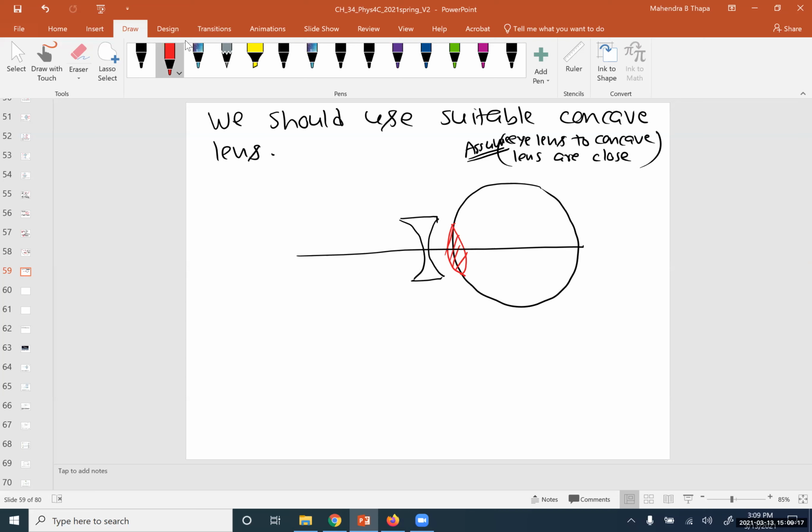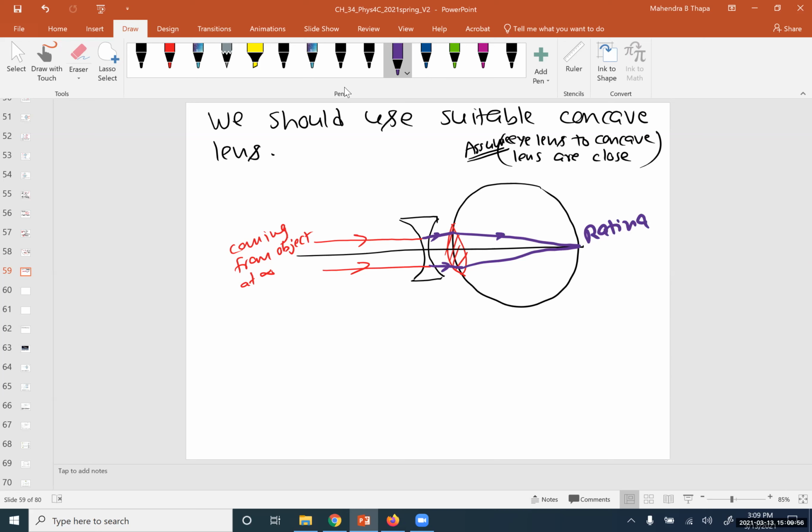In this scenario, if you pass the rays parallel to the principal axis, means the rays coming from the object at infinity, after refraction it bends away from the principal axis a little. Then our eye lens focuses on the retina. Then we can see the object at infinity.